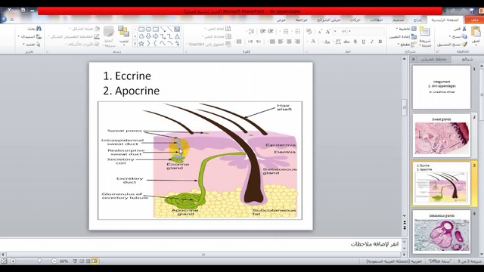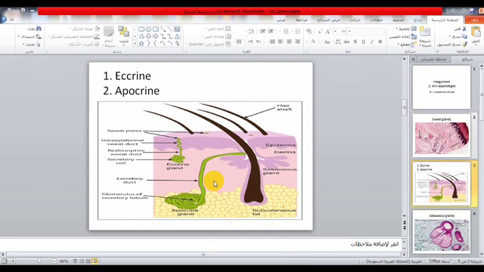The duct of the eccrine gland reaches the surface, so the sweat is poured onto the skin surface, and its nature of secretion is watery.